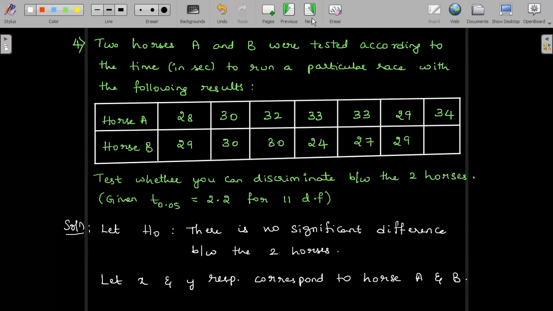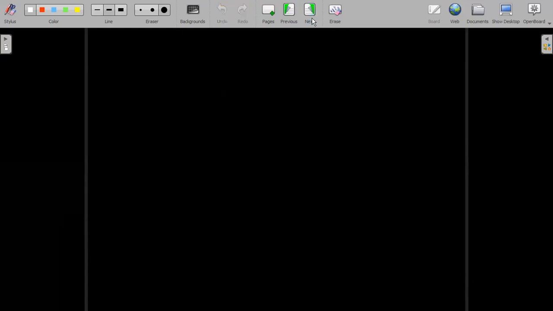So let us now find out the sum of all x values divided by n1. So we have x bar is equal to the sum of all x values divided by n1, which gives us 219 divided by 7.